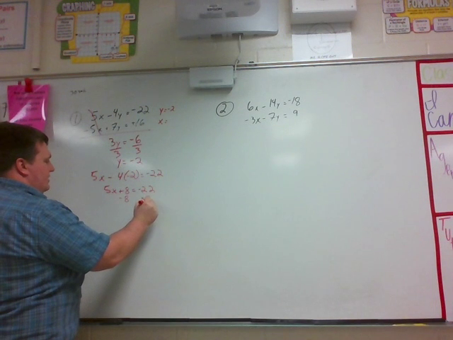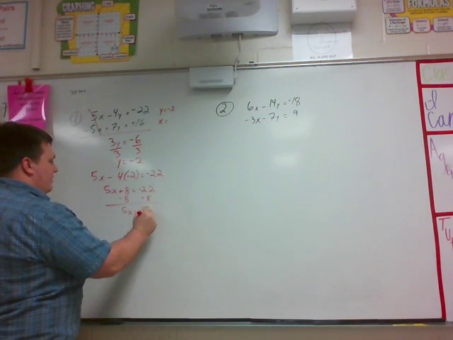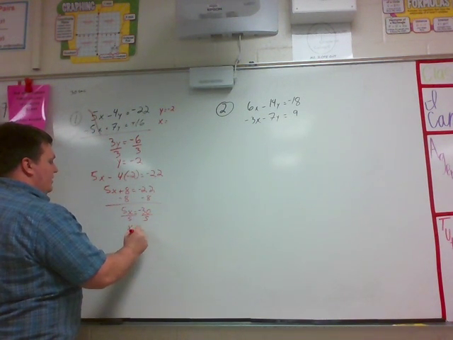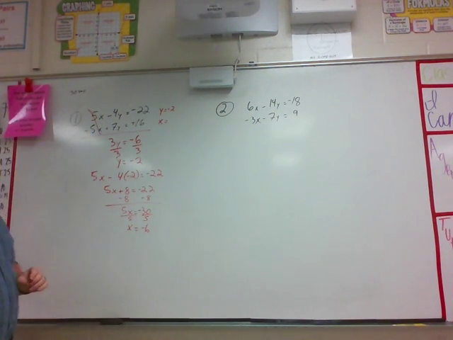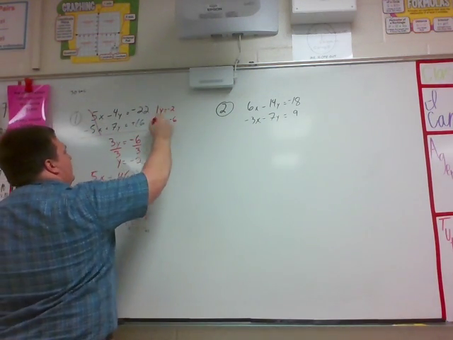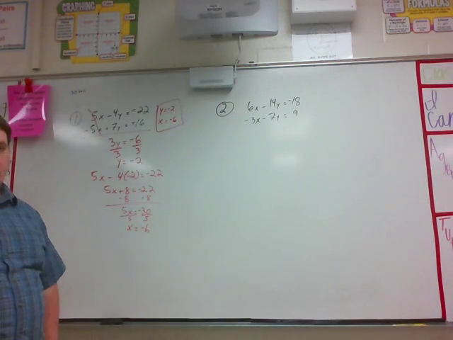Subtract 8 from both sides. 5x equals negative 30. Divide by 5. X equals negative 6. And it's good practice to make sure you easily locate your answers.